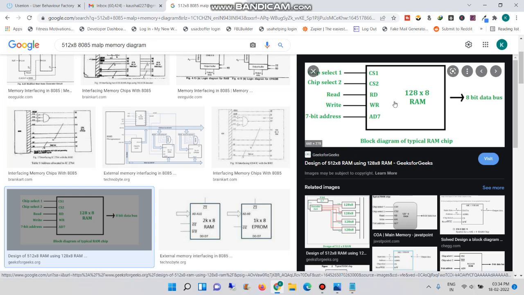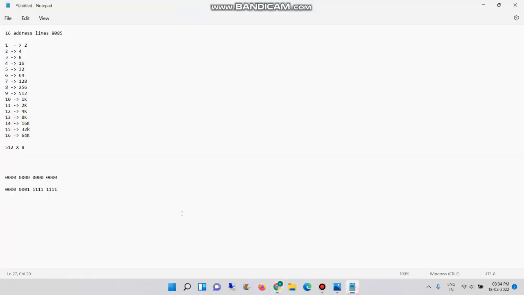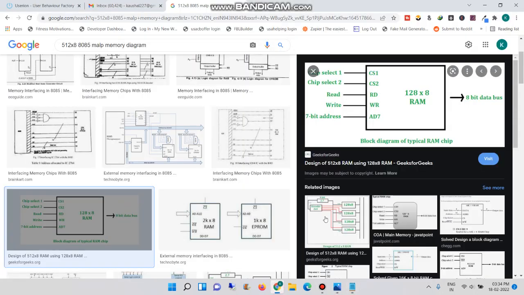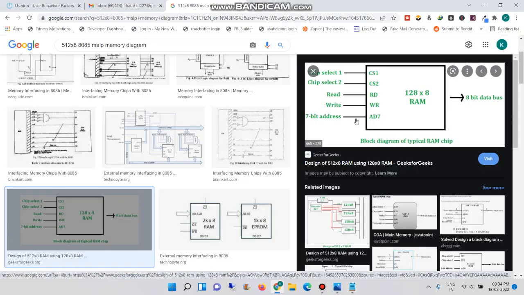Okay, from this you can see it's a 128 by 8. It's an 8-bit data bus. So how many address lines are required? A 7-bit address. As you can see, it's 7, right? Understood?